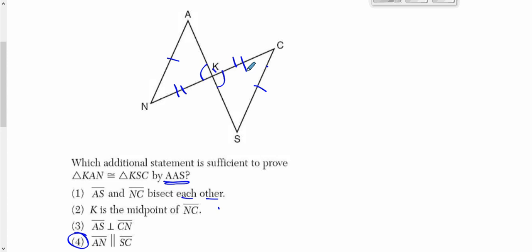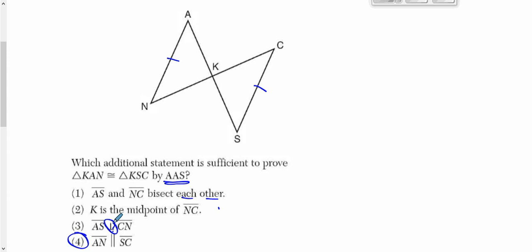What about 3? What does that say? AS is perpendicular to NC. What does that symbol mean? Perpendicular, which means what kind of angles are formed?